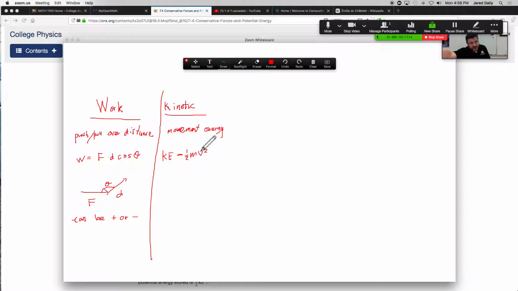If it's going this way and we're calling this way positive, then it's positive. If it's going the opposite way, it's negative. But can you ever square a number and come out with a negative number? No. So it doesn't matter if the velocity is negative, it's still going to end up with a positive number in kinetic energy. This one can only be positive. Only positive numbers for kinetic energy.